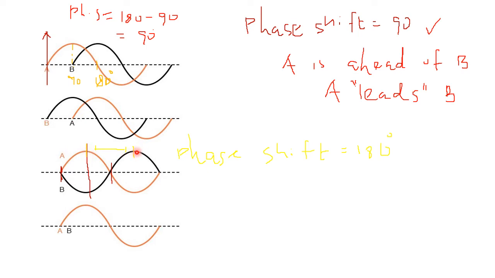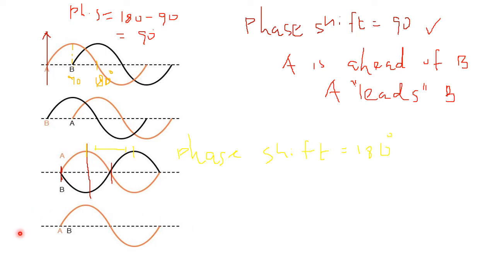When we consider the minimum point, A reaches its minimum at this point, B reaches its minimum at this point. So these 2 points we can consider for the minimum point. So this is something like a mirror image, as I said earlier. That's why we can tell A and B waveforms are mirror images of each other.